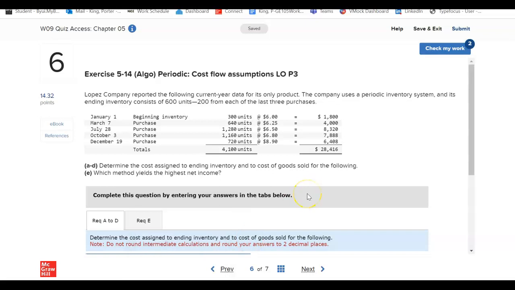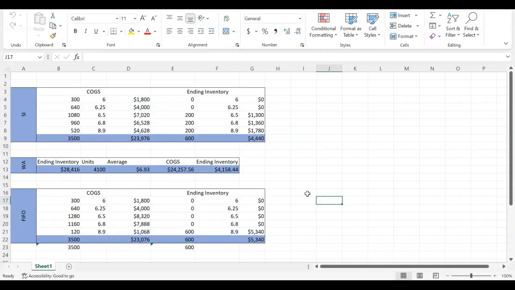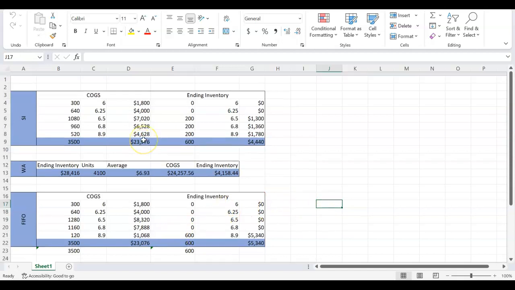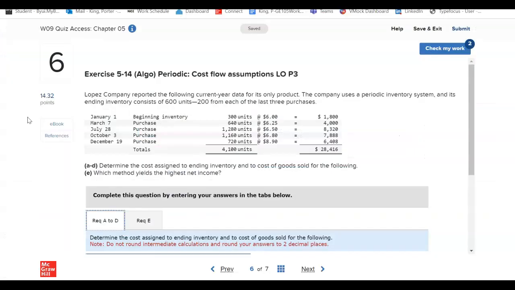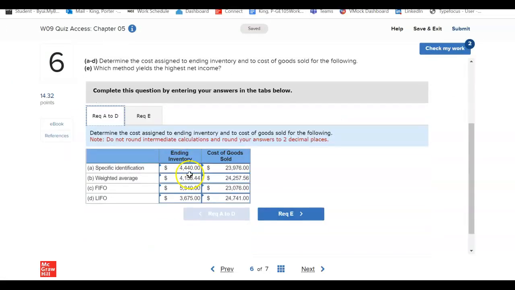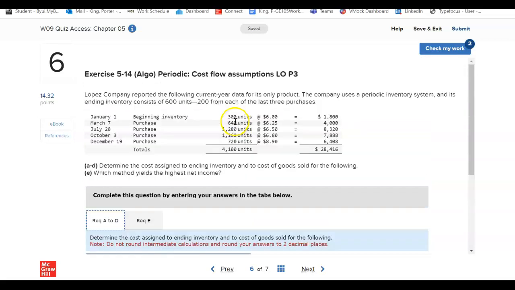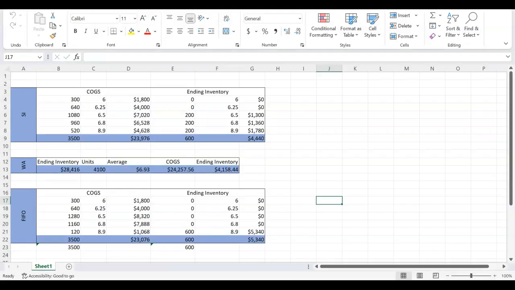use an Excel sheet to help us out and explain it a little bit better. So first off, we've got the specific identification. So we will go ahead and calculate that. So we've got our cost of goods sold and our ending inventory.